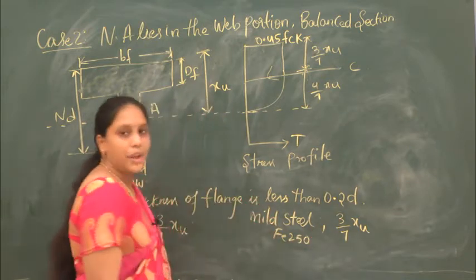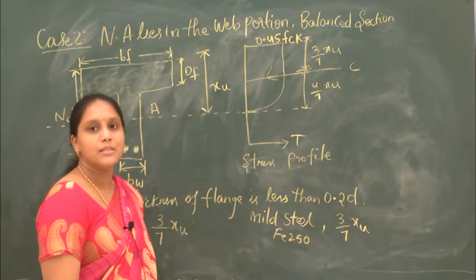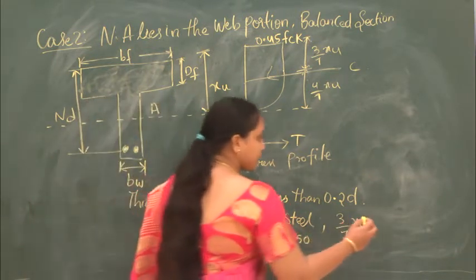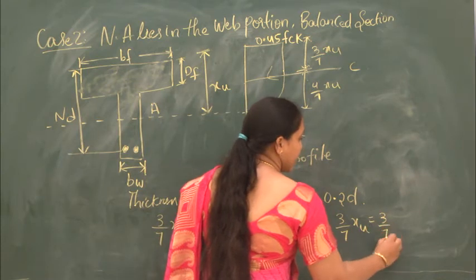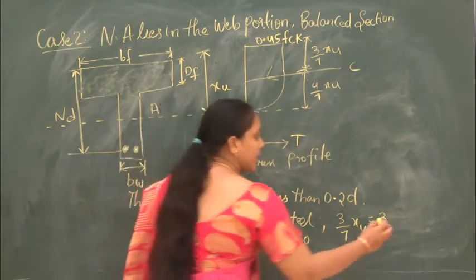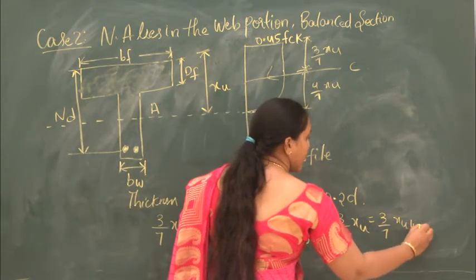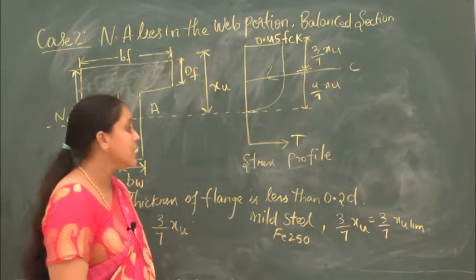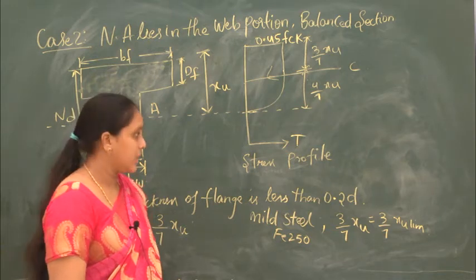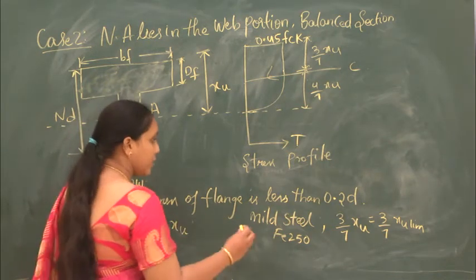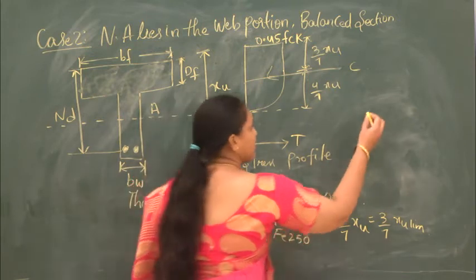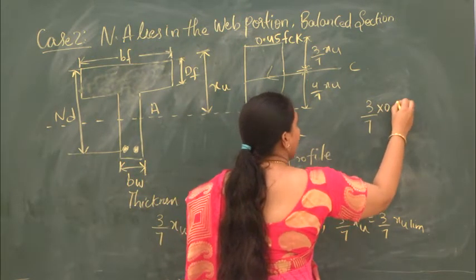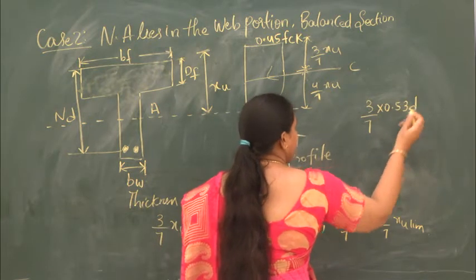So now let us calculate the value 3/7 xu. So xu here is what? As we are considering a balanced section, xu will be equal to xu limit. So it is 3/7 into xu limit. So what is xu limit for grade Fe250? The xu limit value is 0.53 d. So substitute that value over there: 3/7 into 0.53 d.